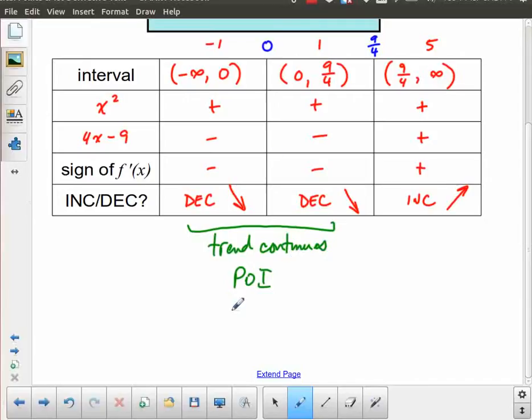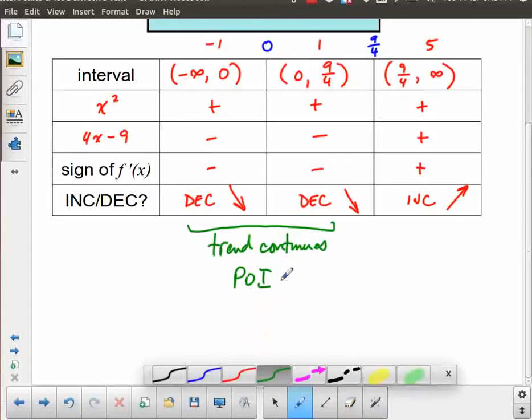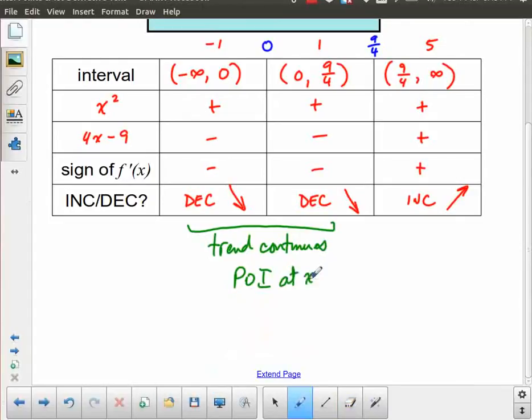That is x equals 0. Or sorry, not x equals 0. The critical value occurs at a point of inflection, which is actually the point 0, 0. The way I should say this is I have a point of inflection at x equals 0, but the actual point of inflection is the point 0, 0.